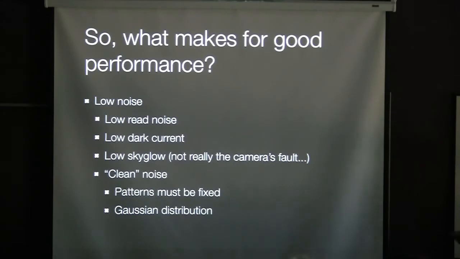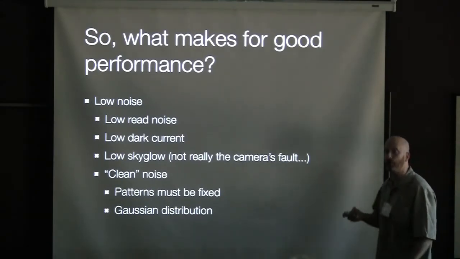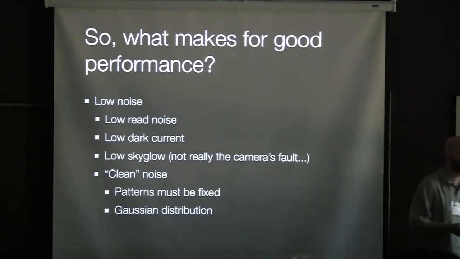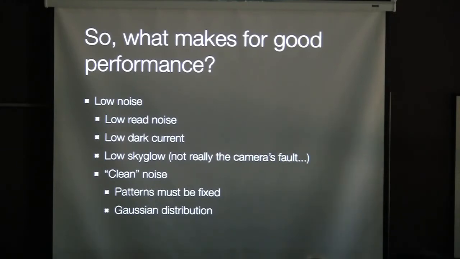All right, so what's going to make for a good camera, good performance in this kind of thing? Well, it's a signal-to-noise ratio, and we want that to be as good as possible. So we could drop the noise. If you have lower read noise, you are going to have higher signal-to-noise. If you have lower dark current, you are going to have higher signal-to-noise.